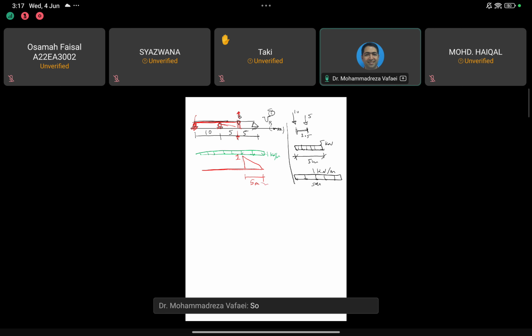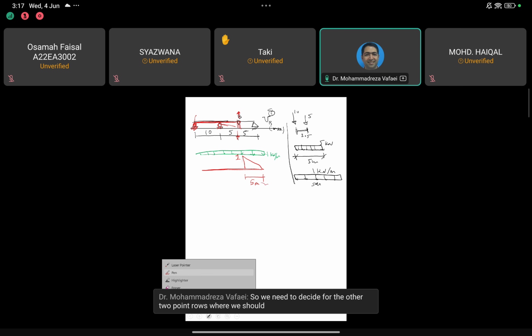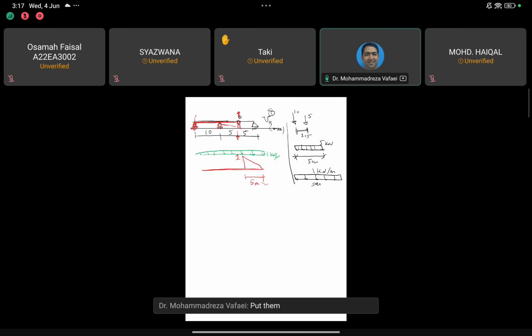We need to decide where to put the other 2 point loads. Obviously, the largest height is in the beginning here. So I can put the 10 here, and 2.5 meter after that, which goes to the middle of the span, I can put the 5.